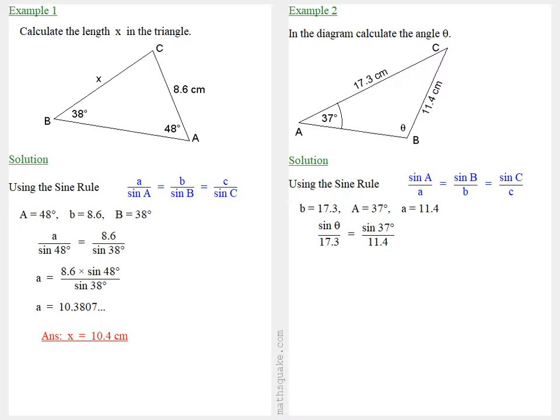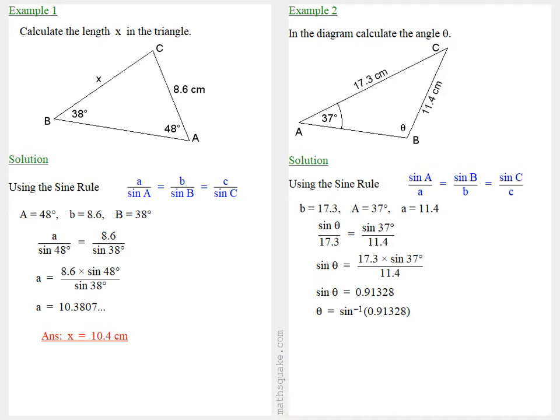If we multiply both sides by 17.3, we get sine of theta equals 17.3 times sine of 37, all divided by 11.4. Now, if we type that into a calculator, that gives us the sine of theta is equal to 0.91328.